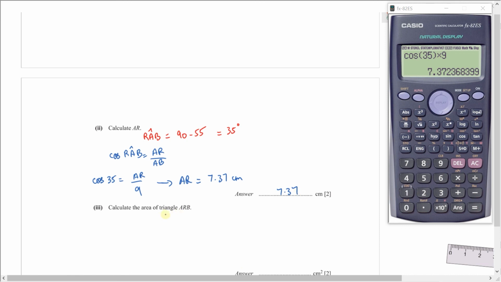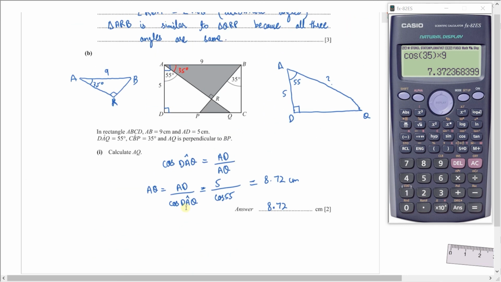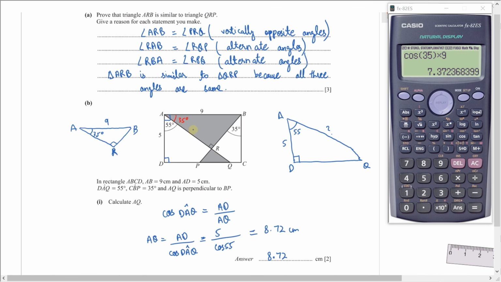The next part is calculate the area of triangle ARB. So we just calculated this length is 7.37 and we need to find the area of this triangle. So basically the same triangle, now we know this length is 7.37. So I know two sides, I can calculate this perpendicular height of the triangle to calculate the area.